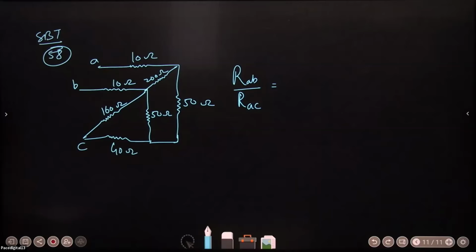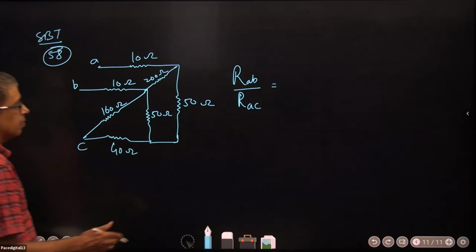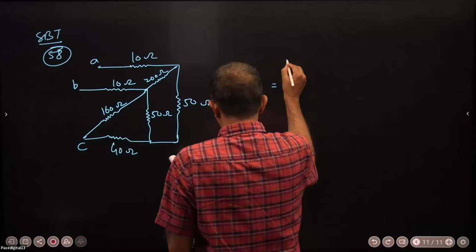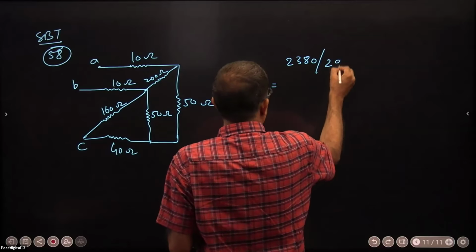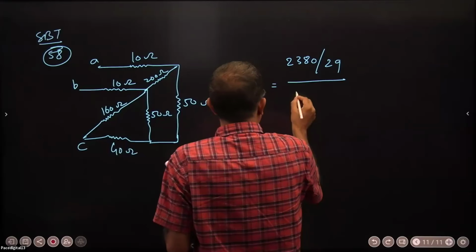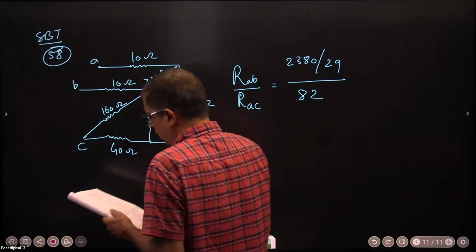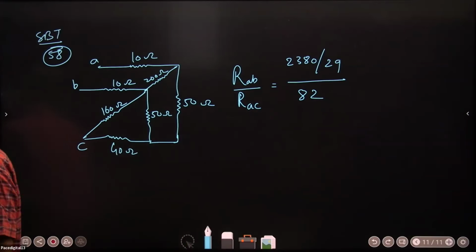RAB you will get 2380 by 29. RAC you will get as 82. No big deal in the problem, just that he made it look a bit different.